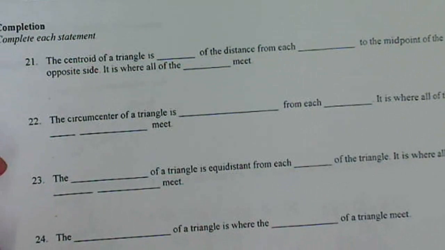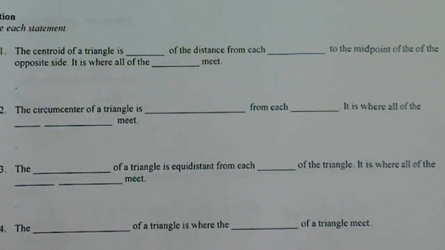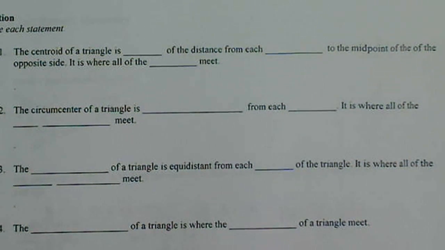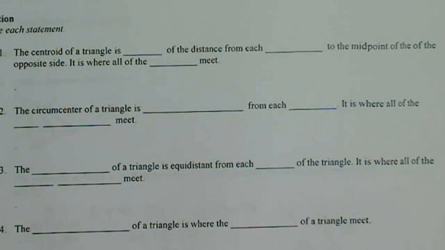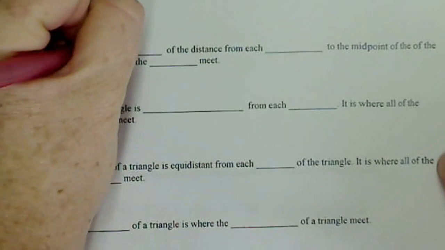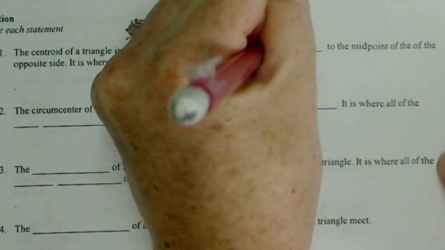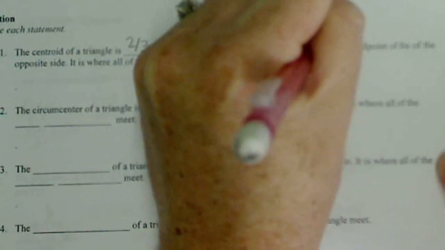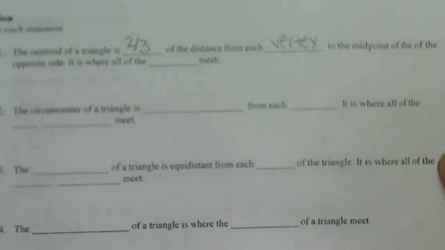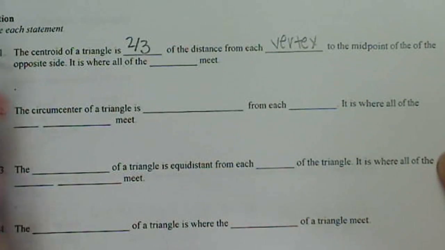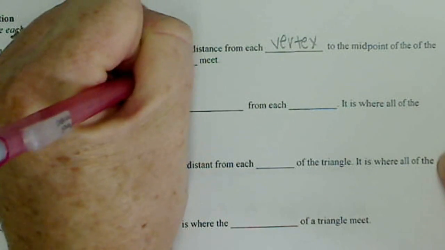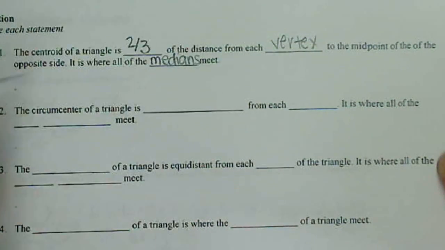Okay, 21 through 25, these are things that you need to know what these vocabulary words mean. The centroid of a triangle is 2/3 the distance from each vertex or corner to the midpoint of the opposite side. It is where all of the medians meet.